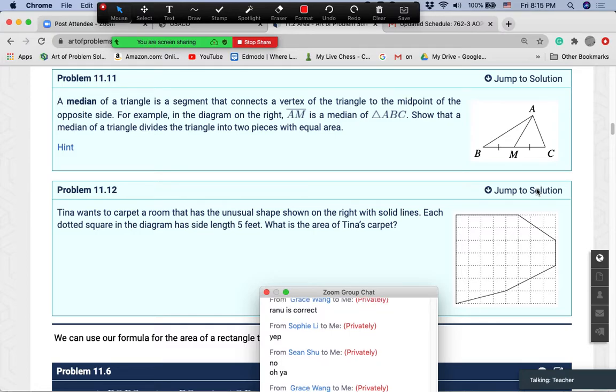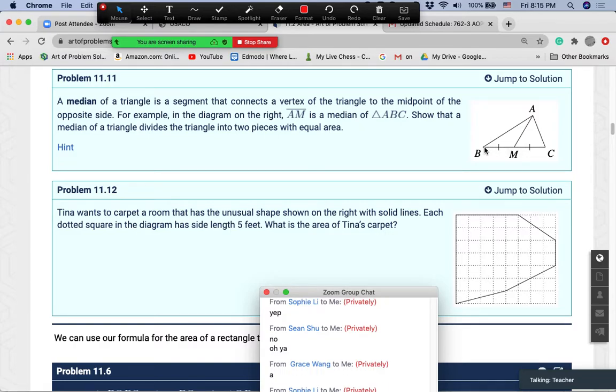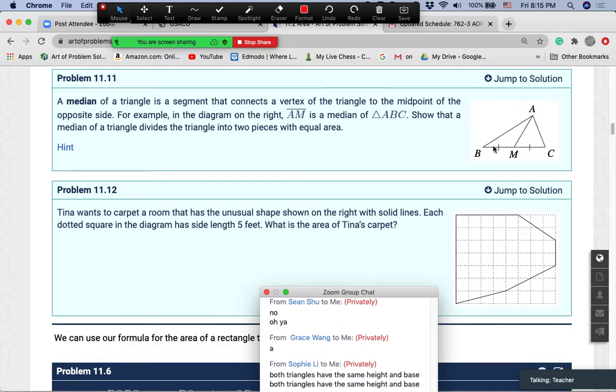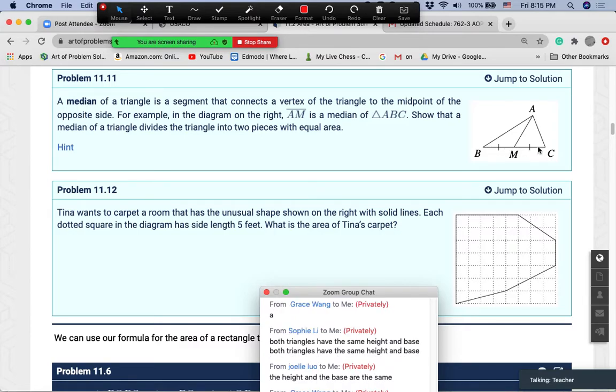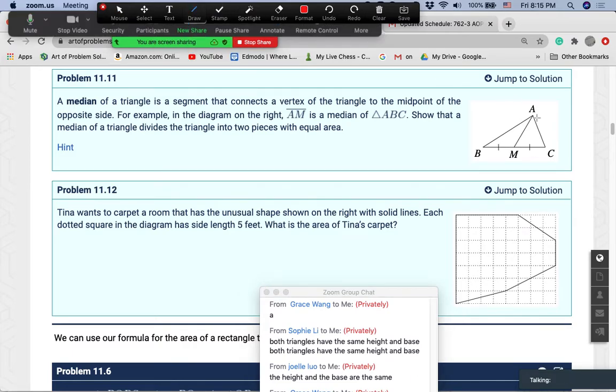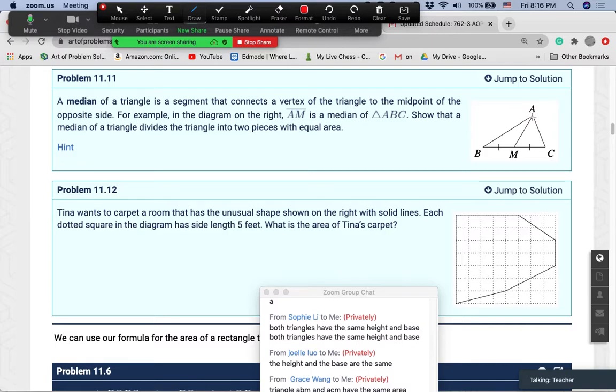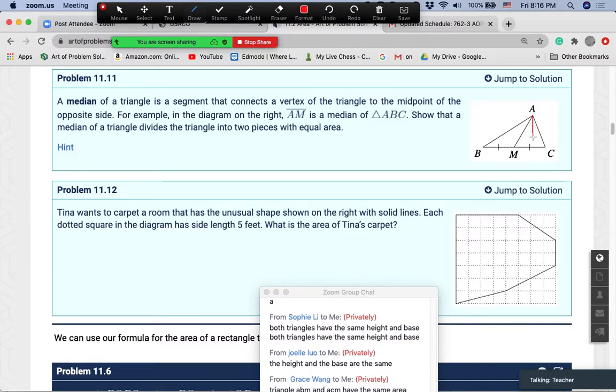Now let's see the two triangles we get. One is ABM, another is AMC. Because M is the midpoint of BC, that means BM is equal to MC. So then you can consider BM and MC as the bases of these two triangles, right? Then for the height, you just need to draw from A to BC.